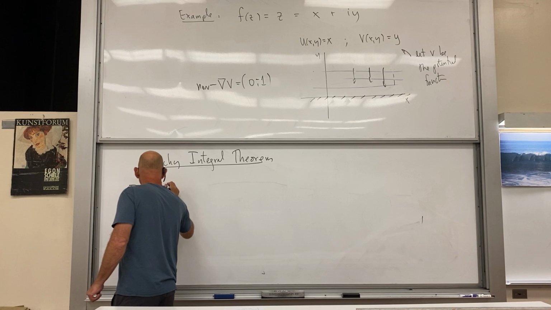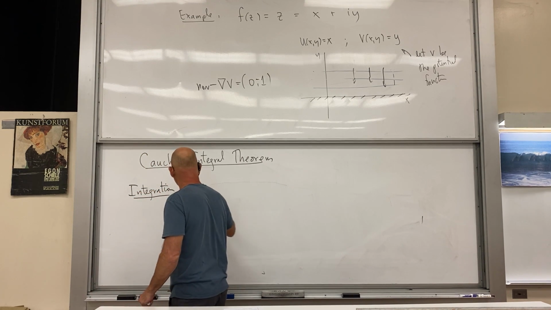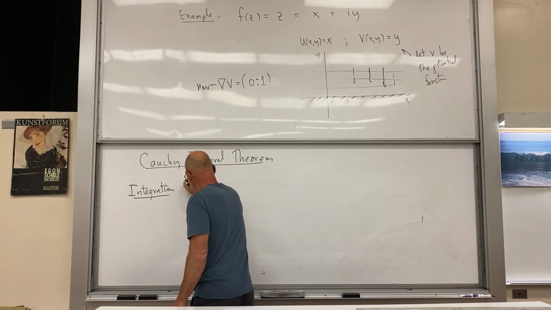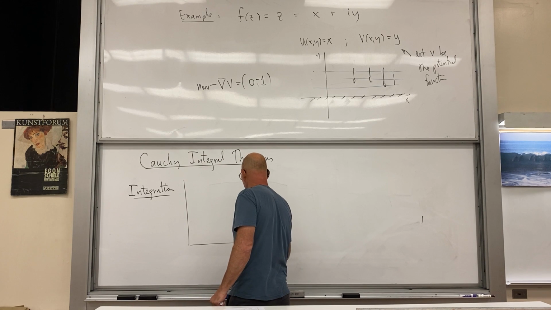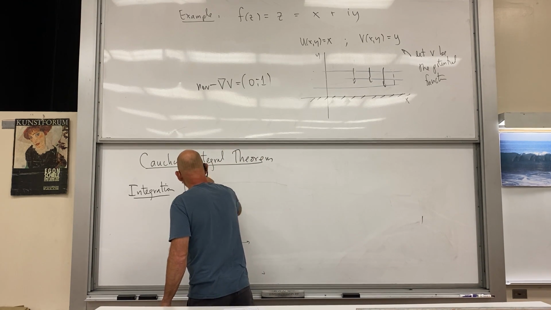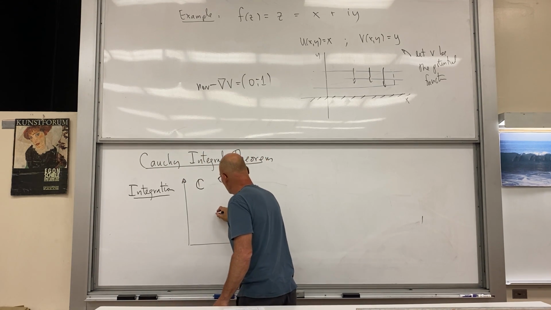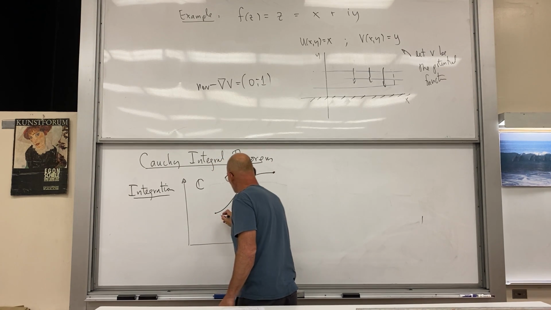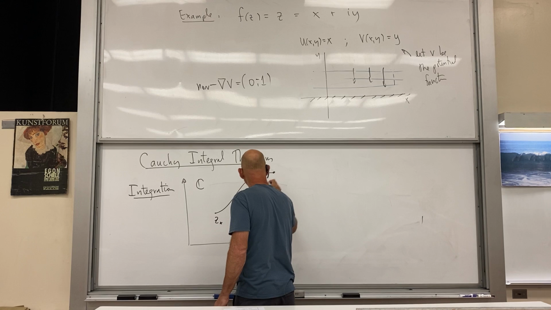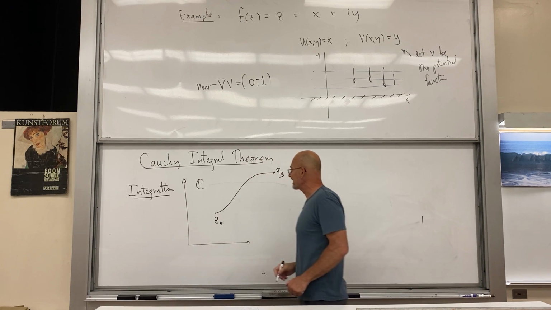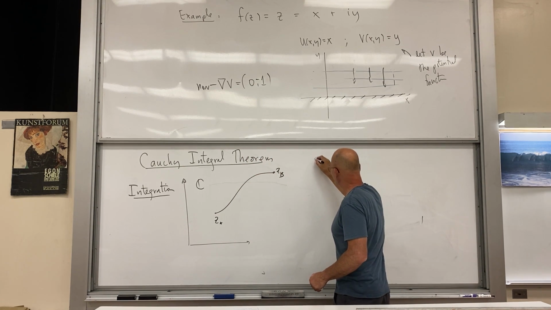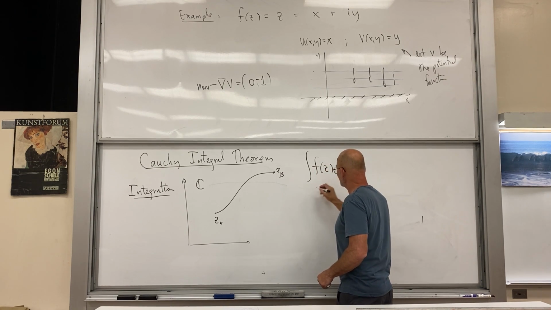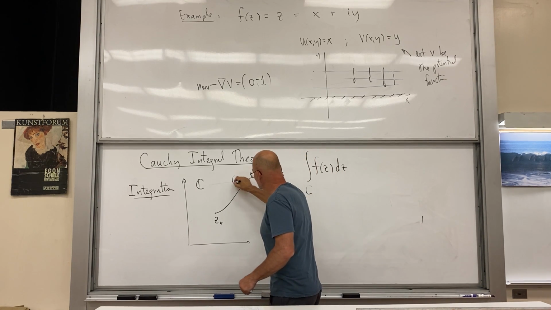So we're in the complex plane here, and we're going to do integrations along a contour, say from z sub a to z sub b. And we have to define an integral of f of z dz along the contour C.